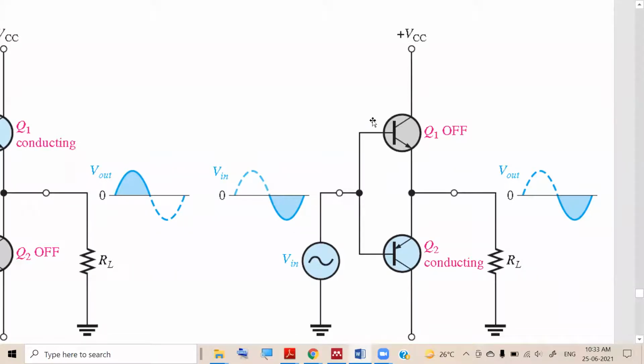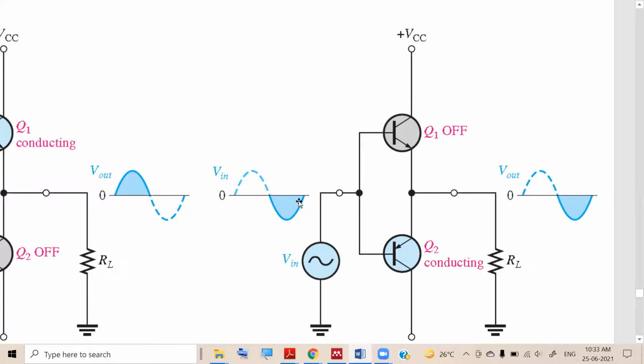At a positive base, we are applying a negative signal. So this Q1 will be off.